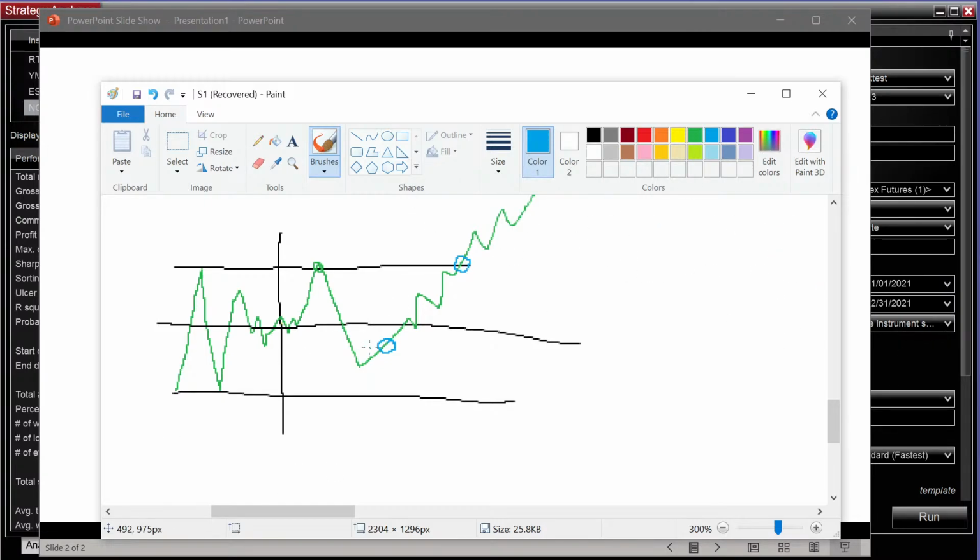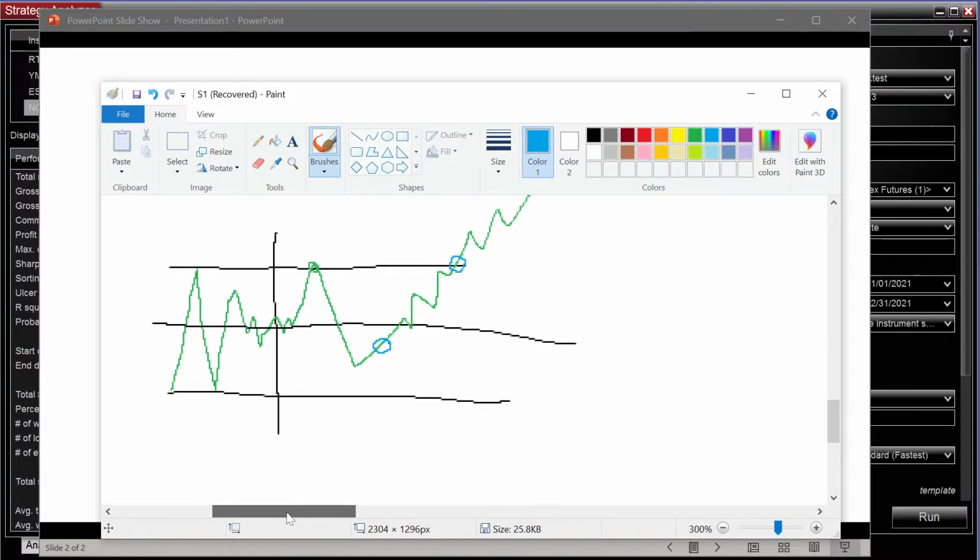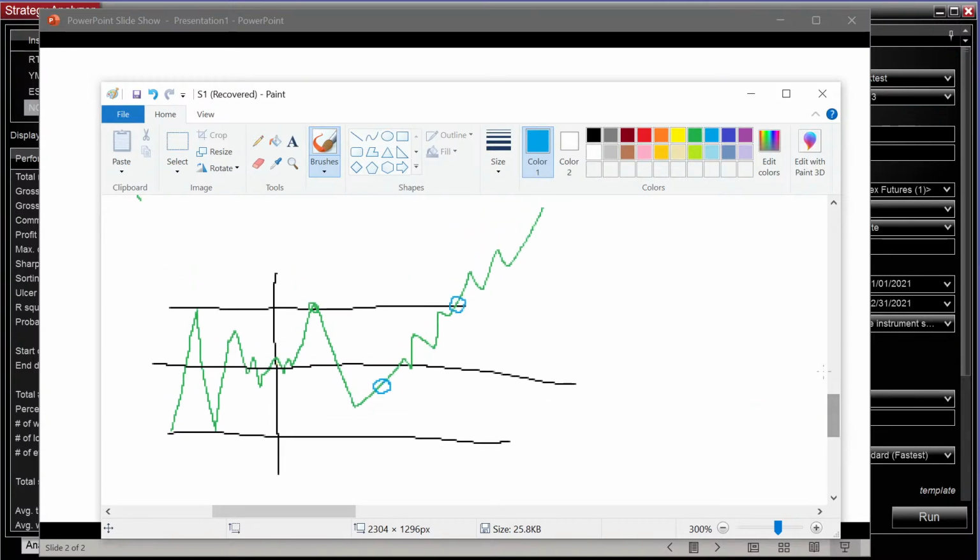And another thing, all we look at is the numbers.